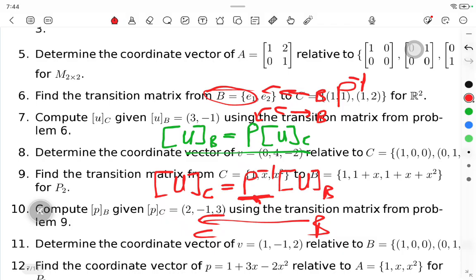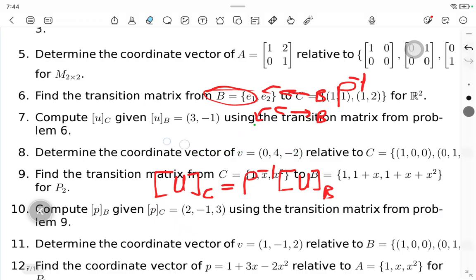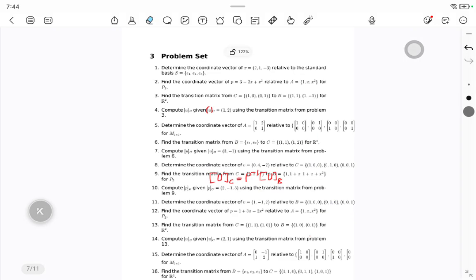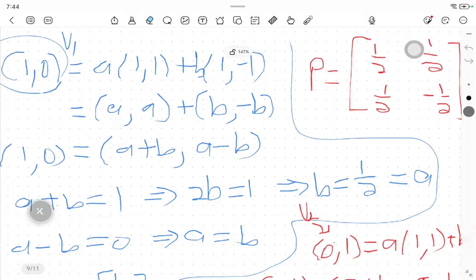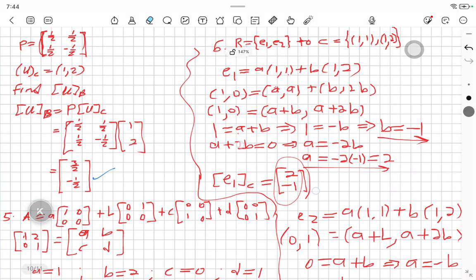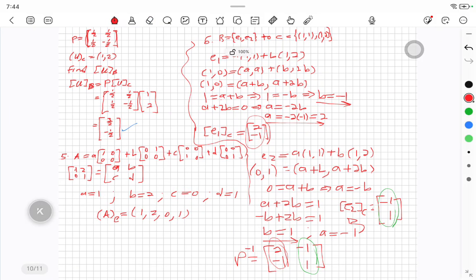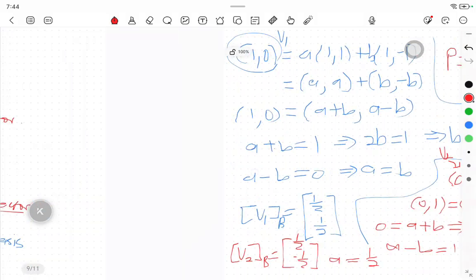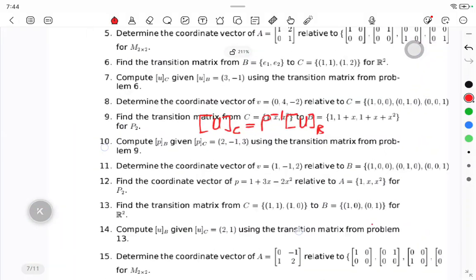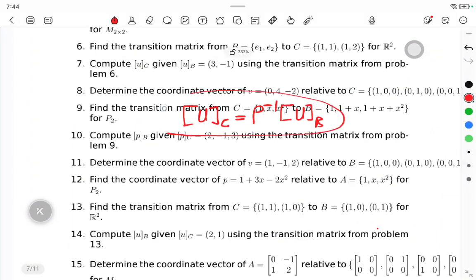This is from B to C. So we are going to name the previous one, which is number 6, instead of naming it P, we are going to name it this. So we're going to use this formula for us to find UC.